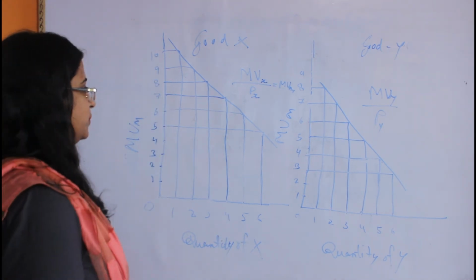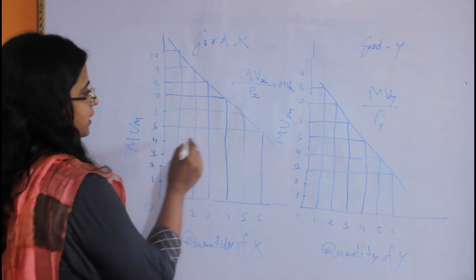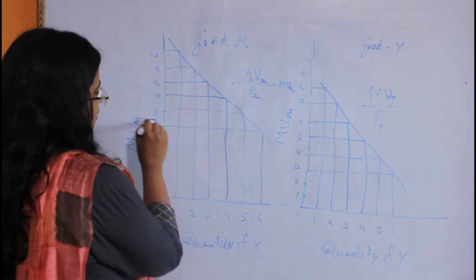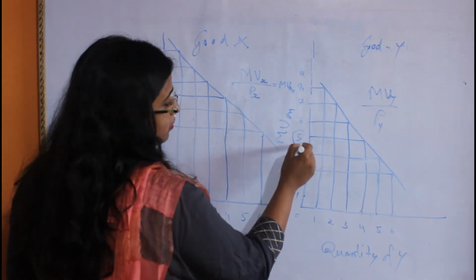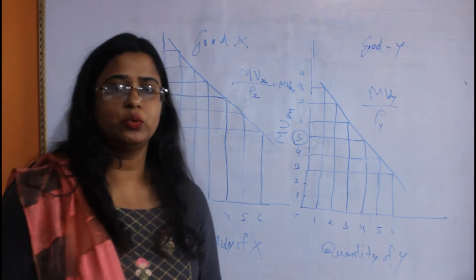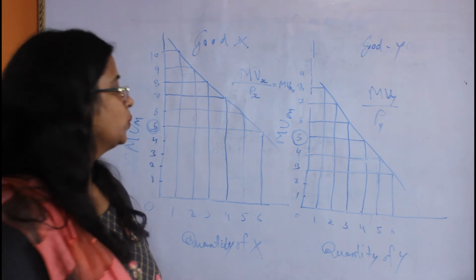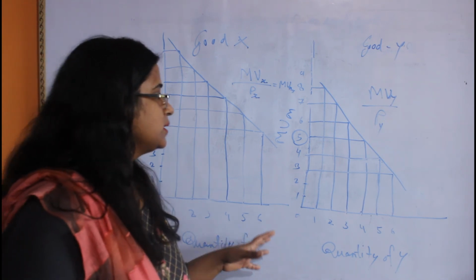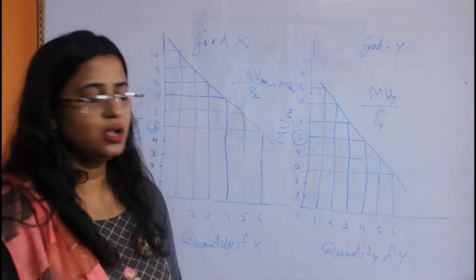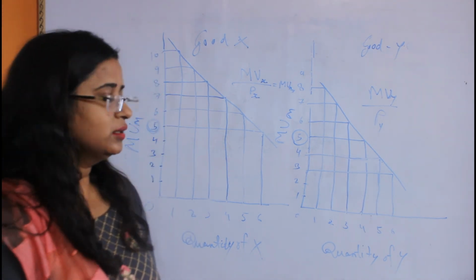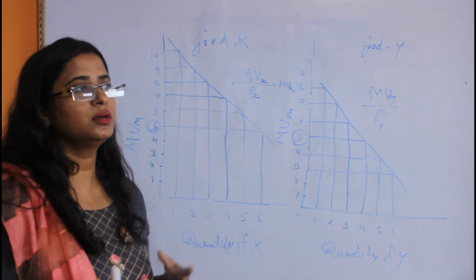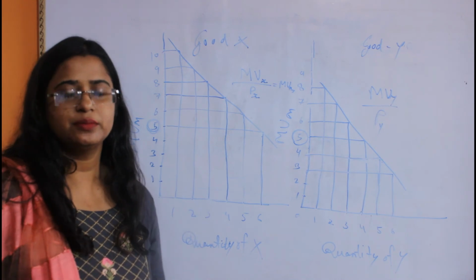Now the consumer will be at equilibrium at this point, where the marginal utilities of money spent on both the commodities are equal, because this level will maximize his total utility. Any other combination on this graph will not give him maximum utility.